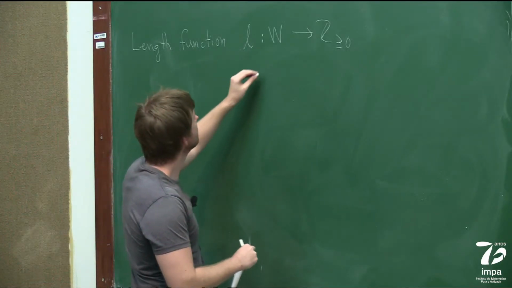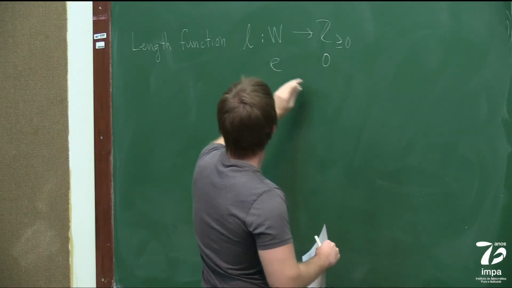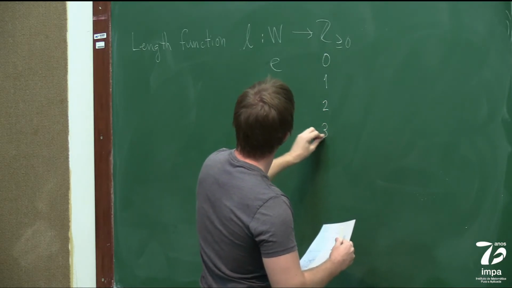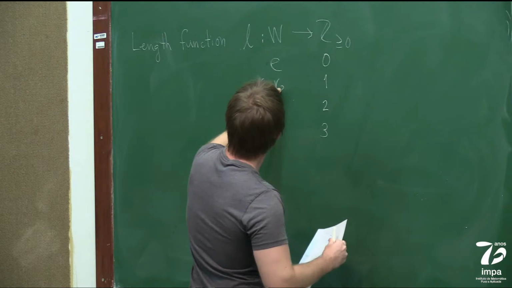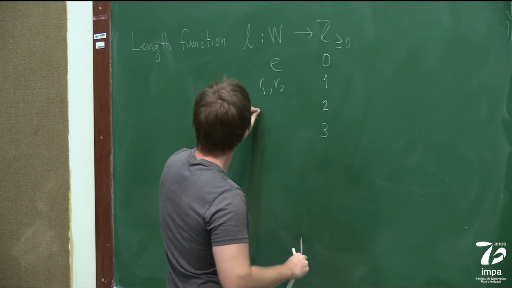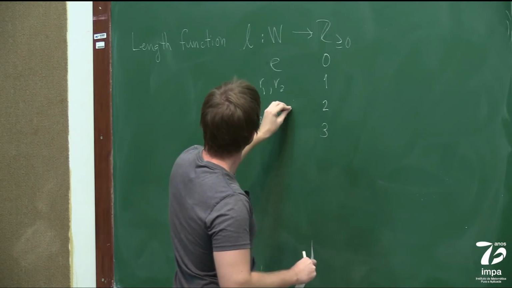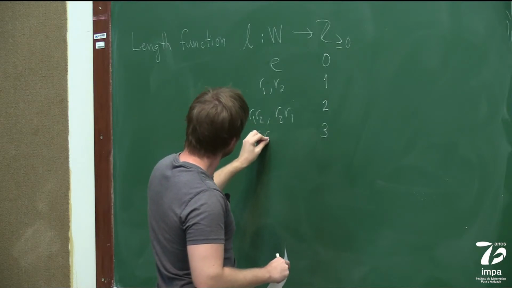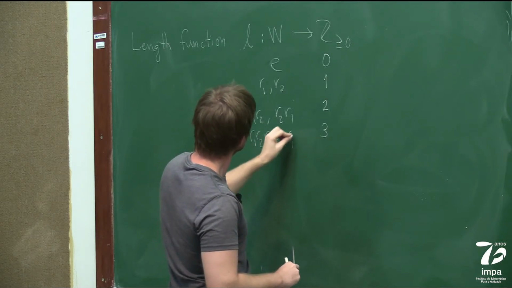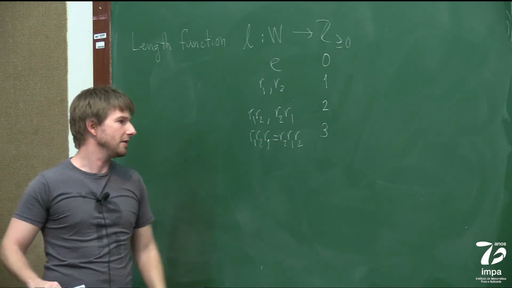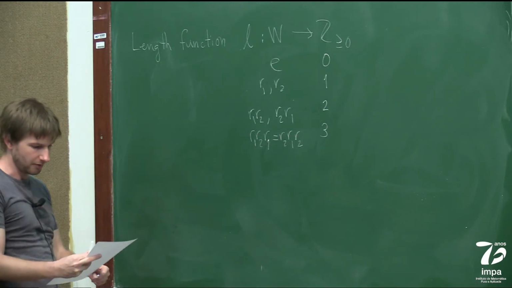So we have the identity corresponding to 0, then 1, 2, 3. The two simple reflections have length 1, obviously. Of length 2, there are these two products. And of length 3, there's the single element, which can be written in two different ways as a product of triples.